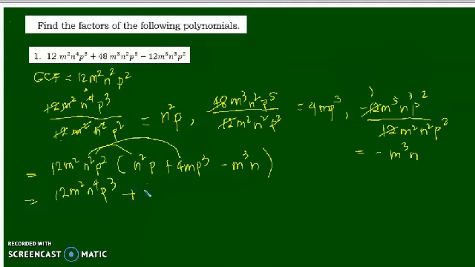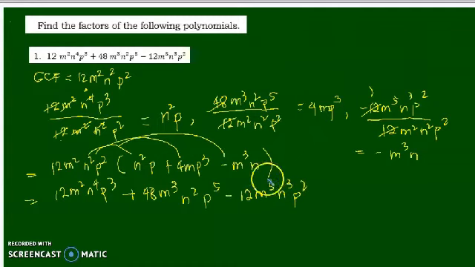So 12 times 4 is 48m cubed n squared p raised to the 5th power. Then last, 12m squared n squared p squared times negative m cubed n is equal to negative 12m raised to the 5th power n cubed p squared.